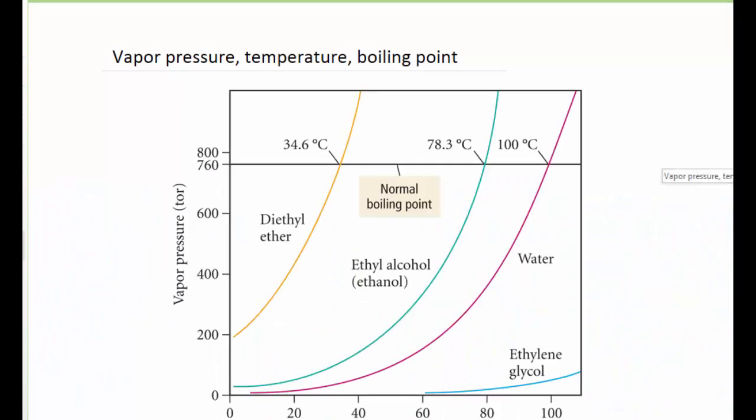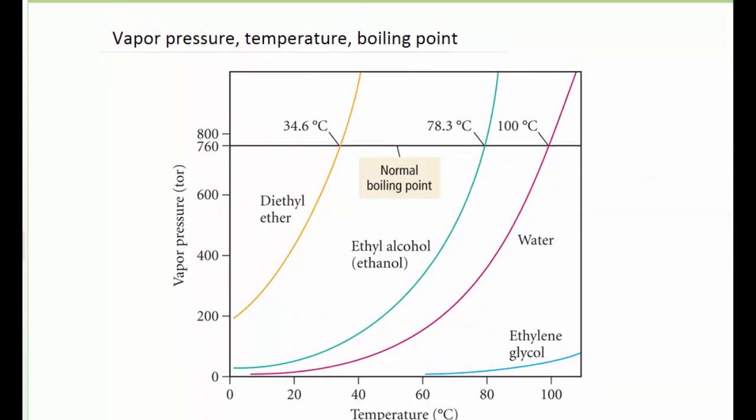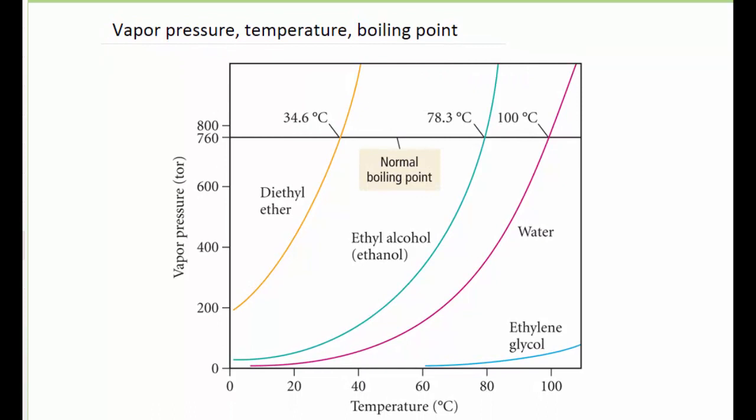Alrighty, let's look at this graph right now, because this actually relates vapor pressure, temperature, and boiling point. Okay, but we have to take a second to just have a look at what this graph is actually showing us. Okay, so let's just start with the water. Okay, the red curve that's over there. This is a graph of vapor pressure versus temperature.